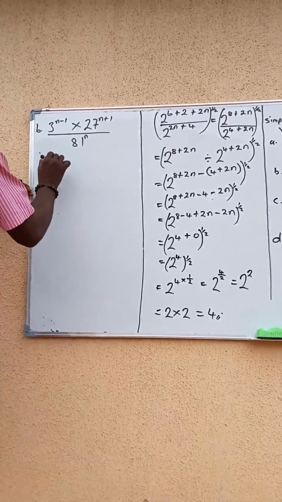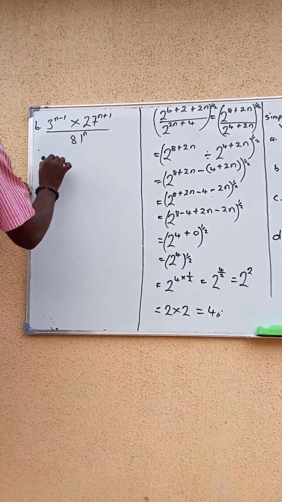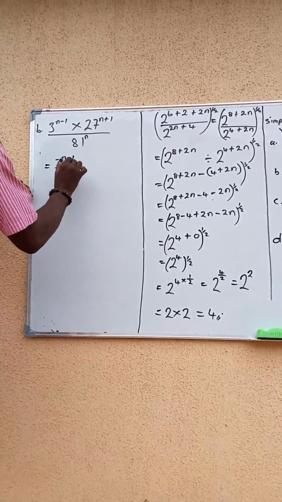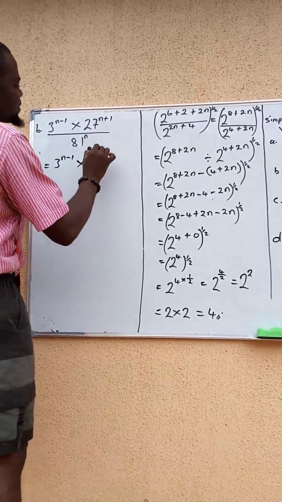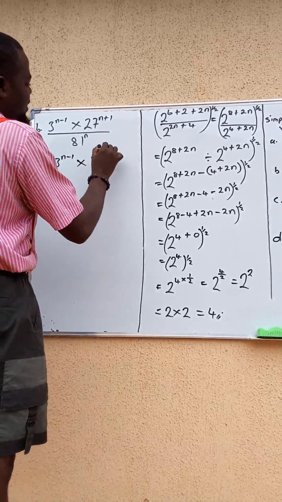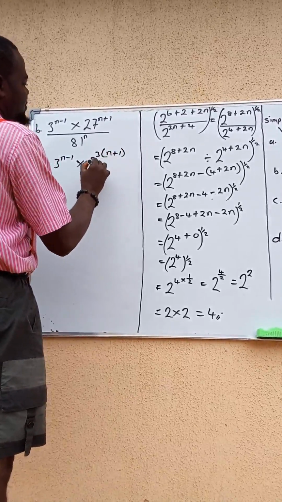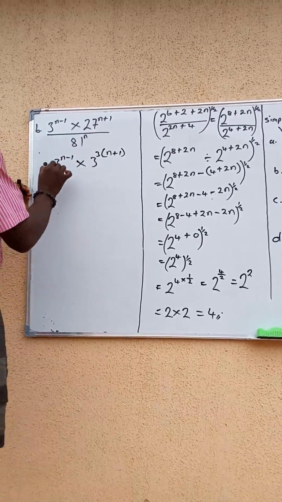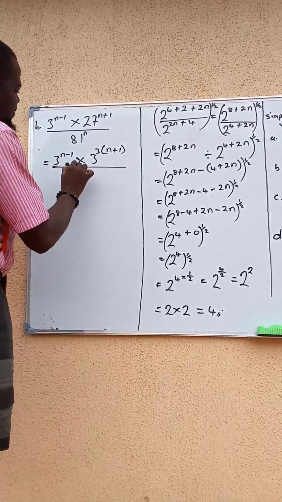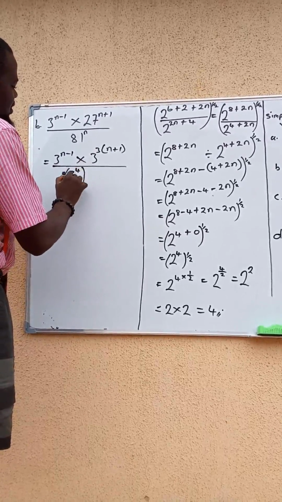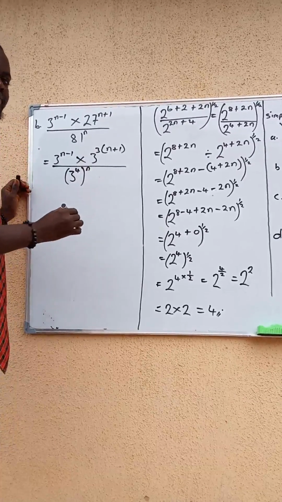Now having seen this, it will now be equal to 3 raised to the power of n minus 1 times 3 raised to the power of 3 times n plus 1, because 3 times 3 times 3 is 27, over 3 raised to the power of 4, raised to the power of n.